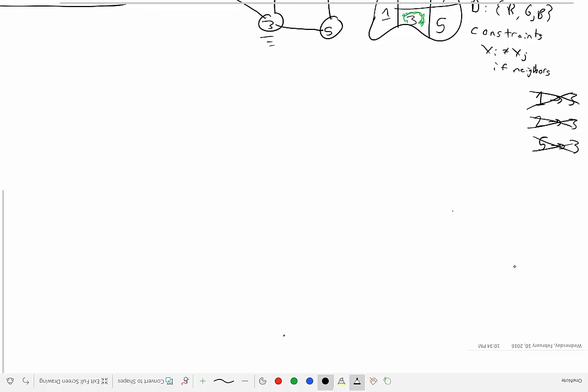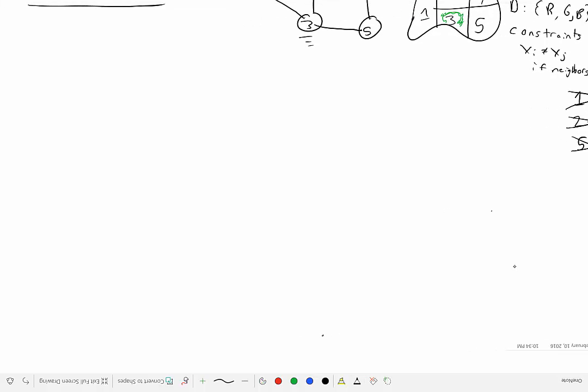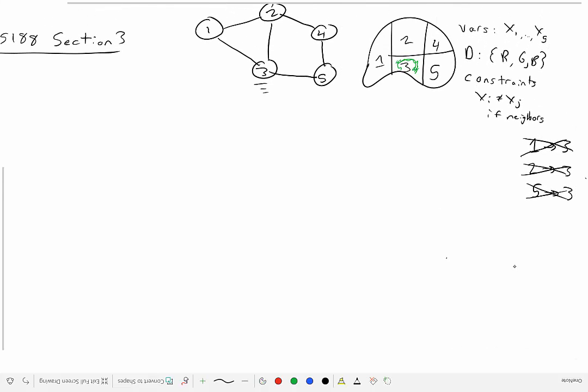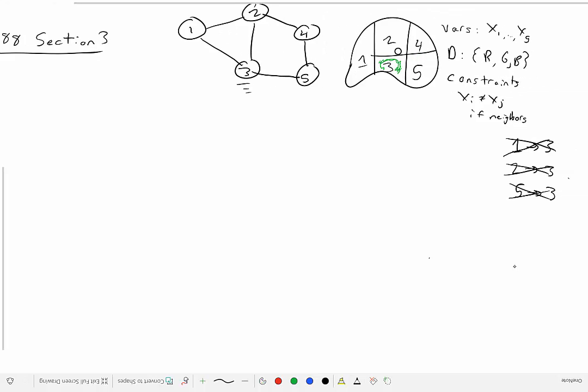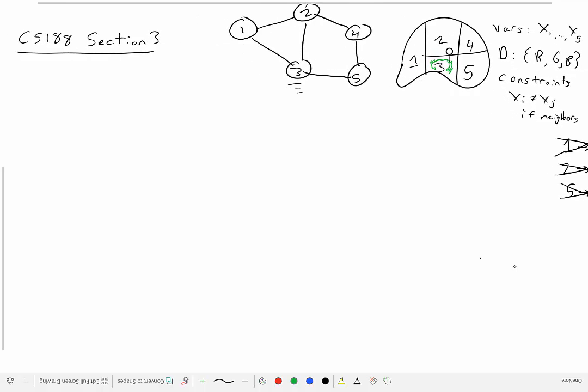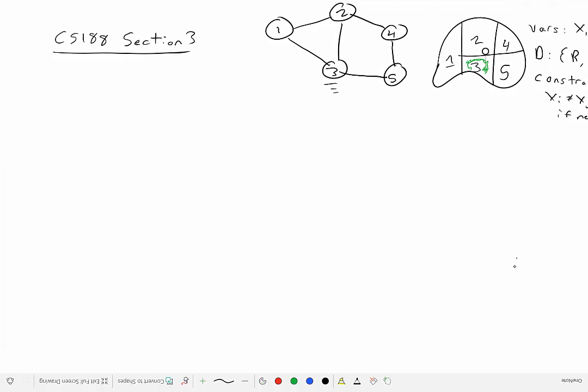Okay, so now we're going to do arc consistency. Before we just did forward checking, which was just for all arcs pointing to the assigned variable, but now we're going to get more general and enforce that all arcs after the assignment are consistent. So let me write out some pseudocode for enforcing arc consistency, and then we can compare to see how it's different from forward checking.